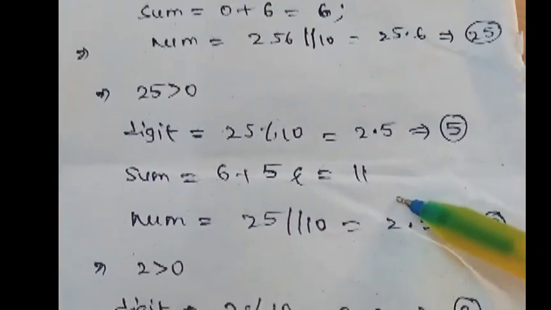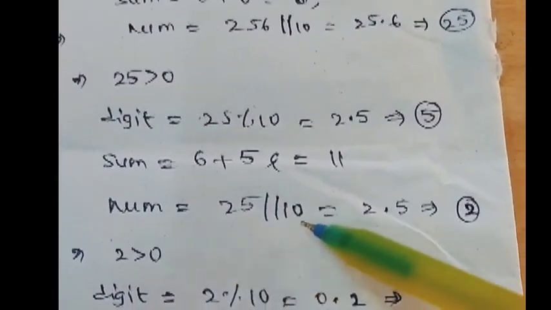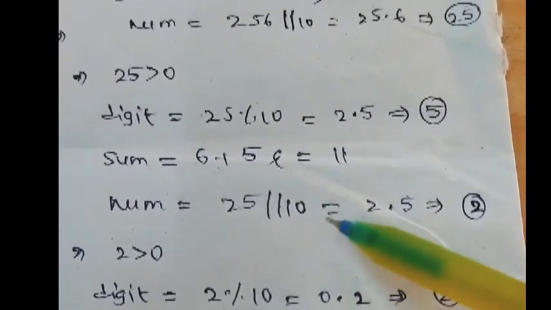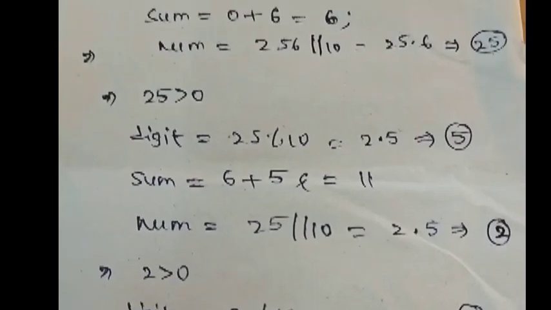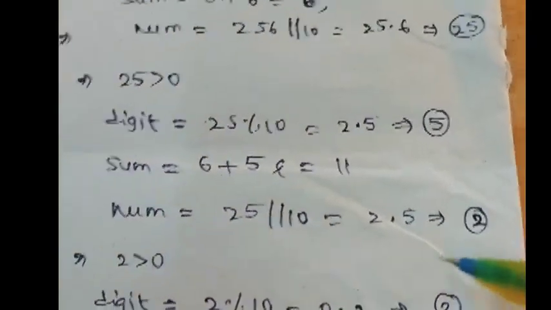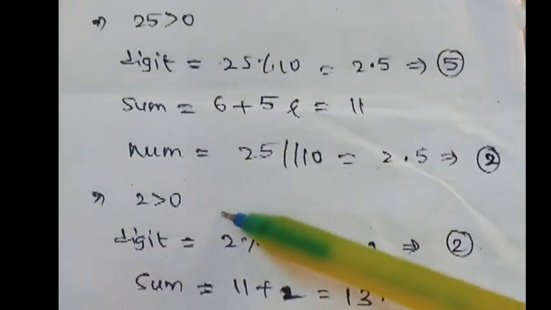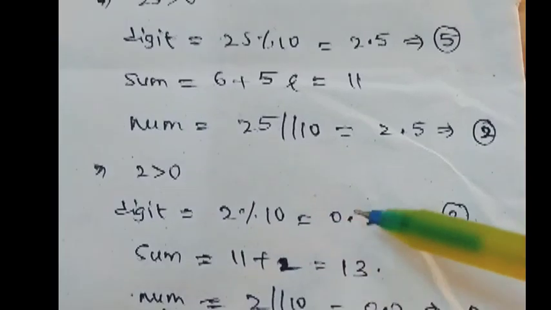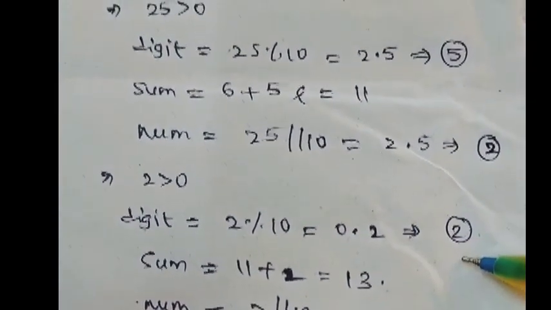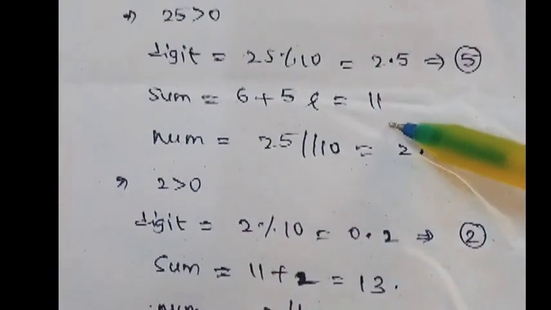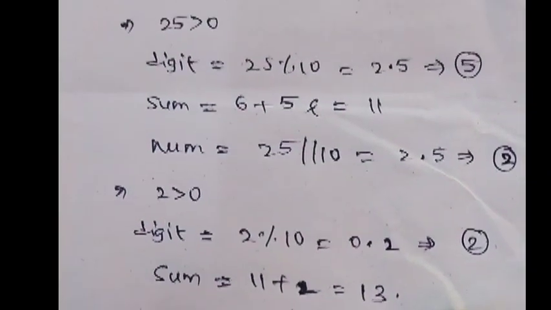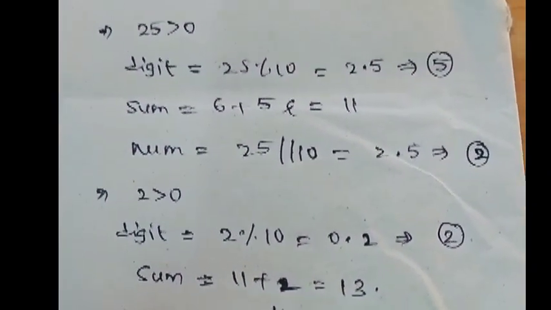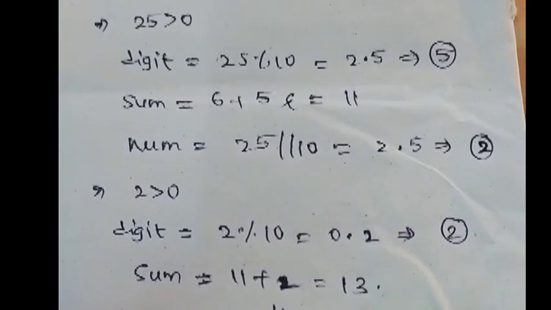So in total we get 11, and num = 25 floor 10, where you get 2.5, where floor always returns the number before the decimal point. From this you get 2. Again 2 is greater than 0, and digit = 2 modulo 10, that is 0.2, where from this you get 2, and sum is updated from 11. So 11 plus digit 2, in total you get 13, where num = 2 floor 10.